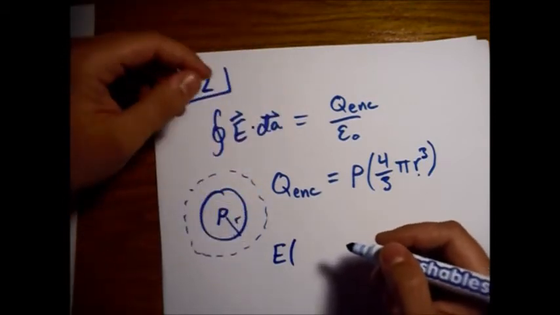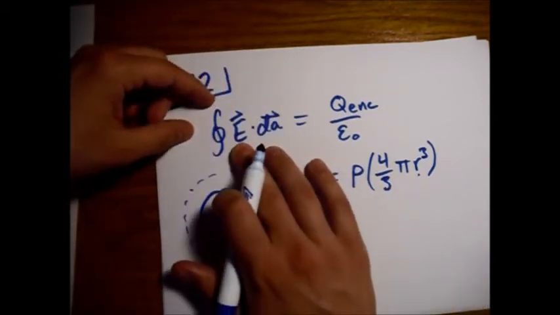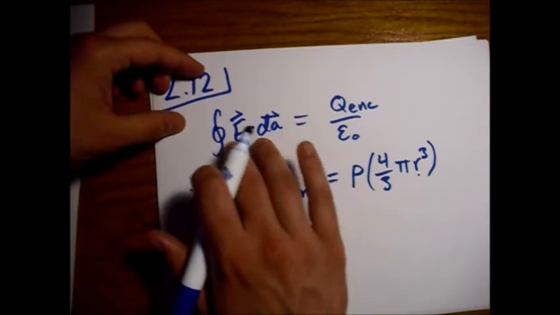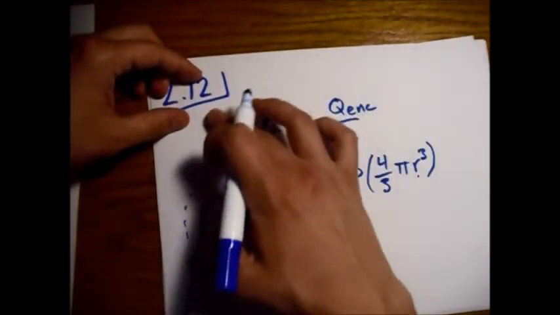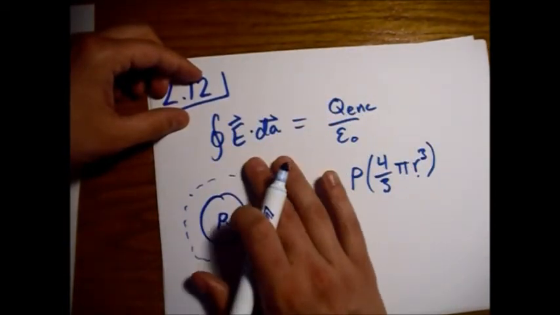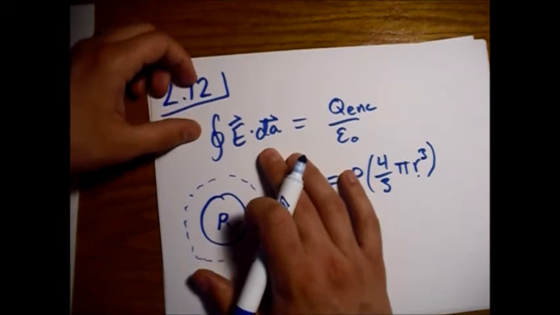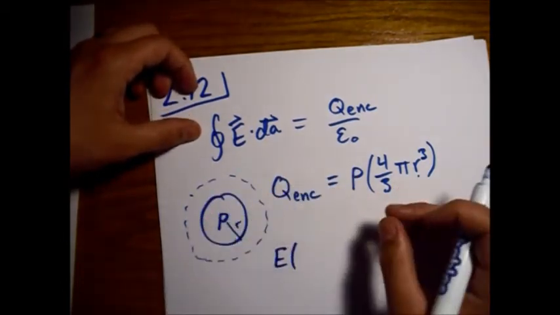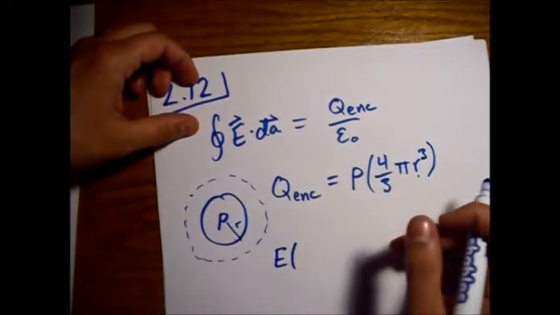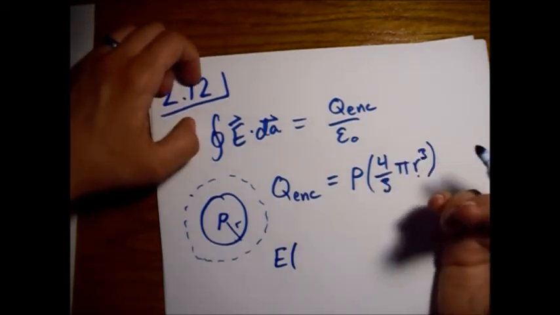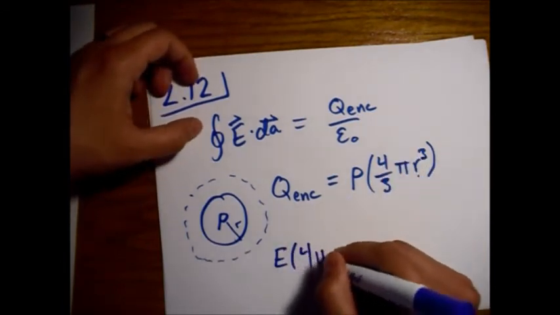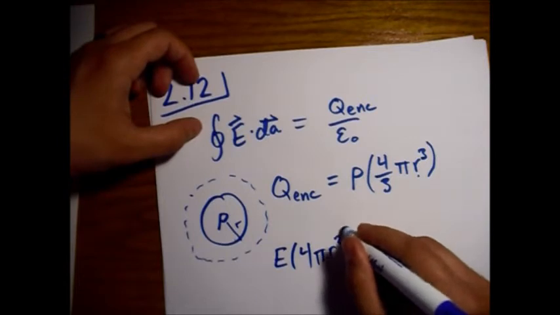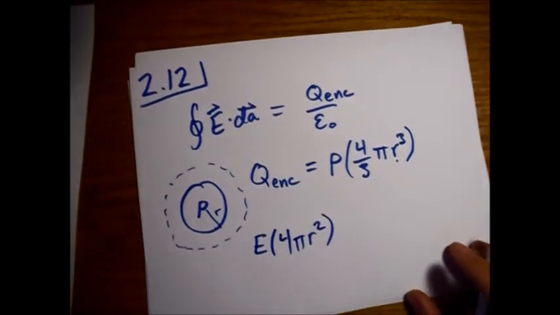Because of the symmetry, E is constant, and the magnitude of E can be pulled outside the integral. Then we're just doing an integral over the surface area of a sphere, and so for the integral, we're going to just get the total surface area of a sphere, which is 4 pi r squared.